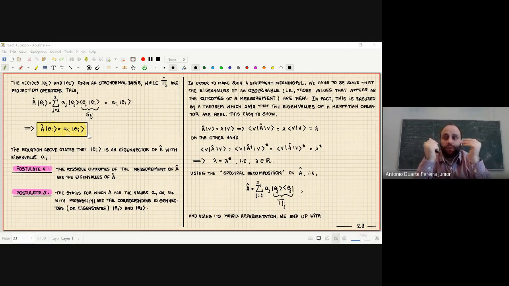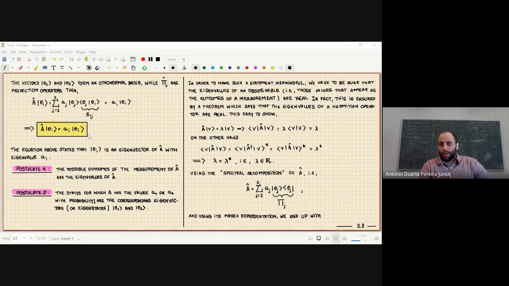And the reason for that is the following. If we're dealing with a two-level system, as we are, you know that you represent operators as 2x2 matrices, and a 2x2 matrix will have two eigenvectors and two eigenvalues. So if you measure an observable that is represented by a 2x2 matrix, you're going to measure a quantity that has two possible values.